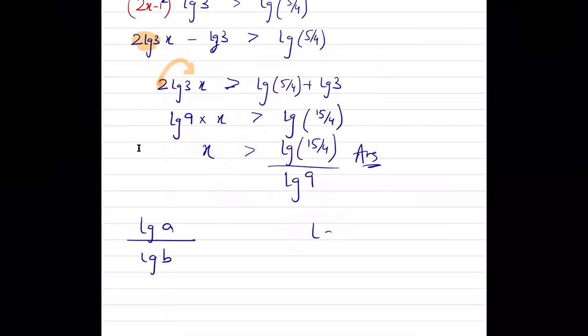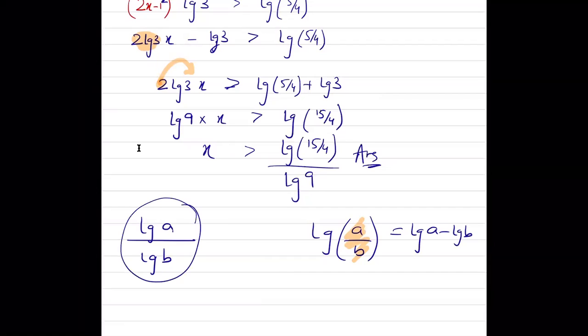It was only applicable when log of a upon b, when the inside term was a fraction, then you could have split it up as LGA minus LGB. But when you have a fraction of log of a number divided by log of another number, you cannot use the division rule here. Make sense? There's a difference.